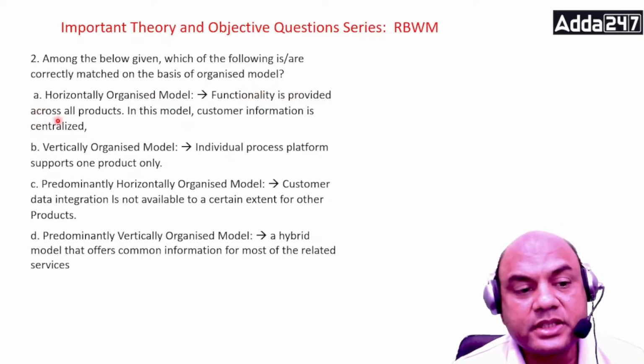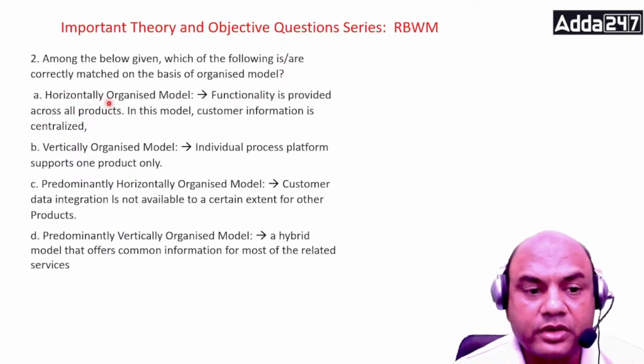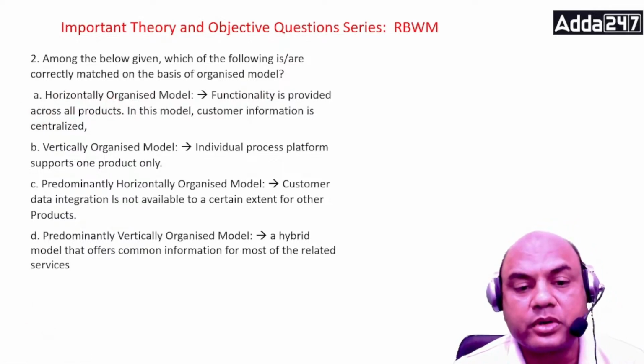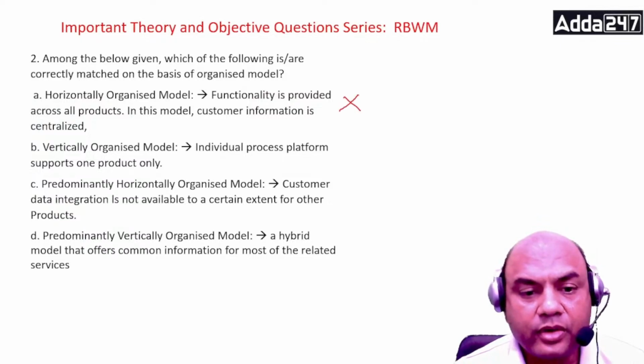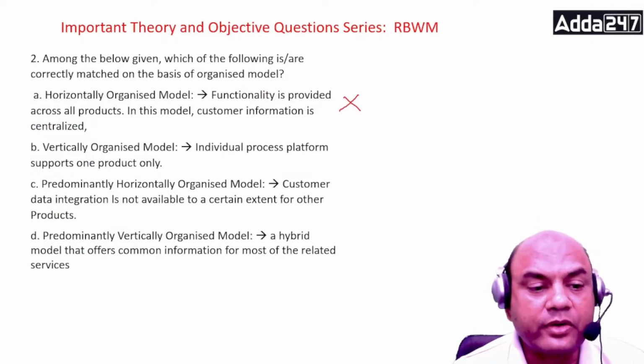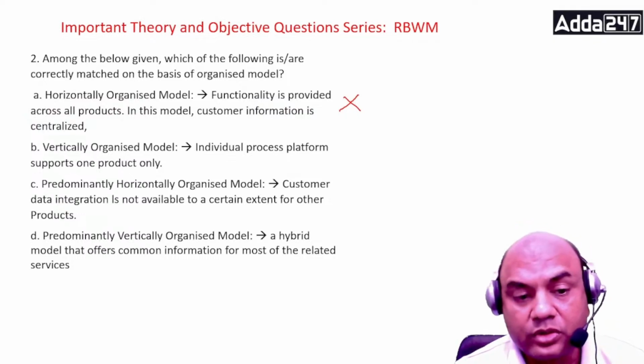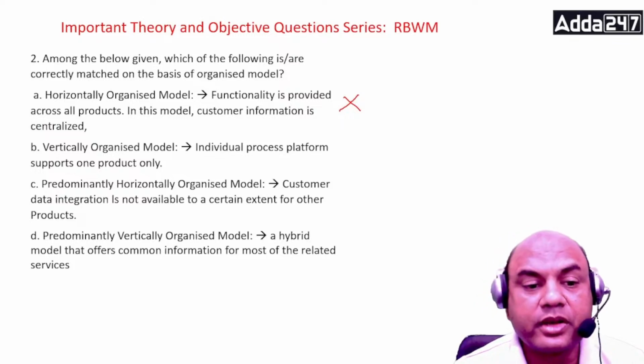So is this the answer? Functionality is provided across all the products. That is wrong. This answer is right for the vertically organized model. Individual process platform supports one product only. This is also wrong for the vertical model. It should be reverse.